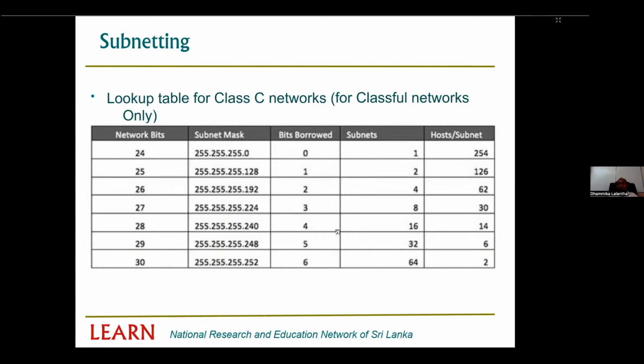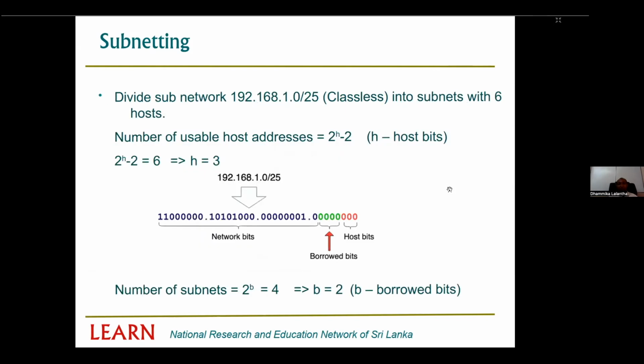By looking at the number of borrowed bits, we can get the number of subnets and the number of hosts, so we don't have to worry about the binary calculation.